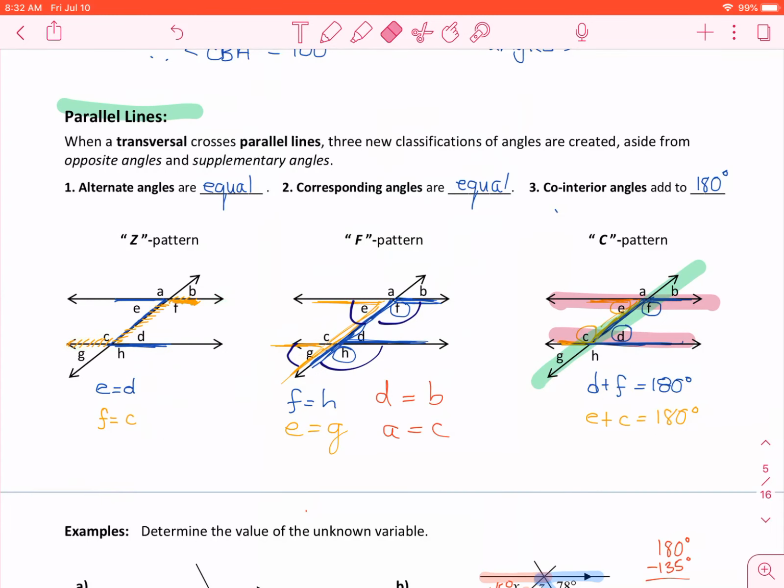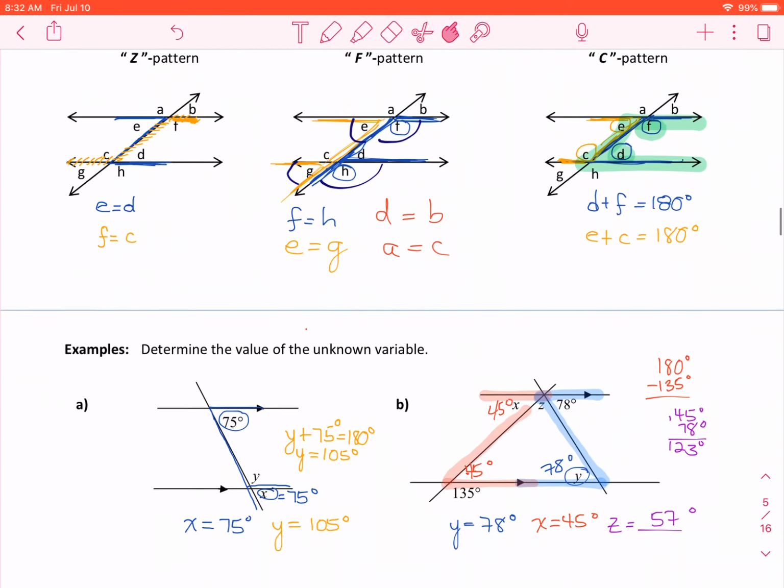The third being C pattern. C pattern is a little bit different because C pattern actually adds up to 180 degrees. With C pattern, we're going to create little c's, and together those angles add up to 180 degrees. Again, you can do the C the other way as well.